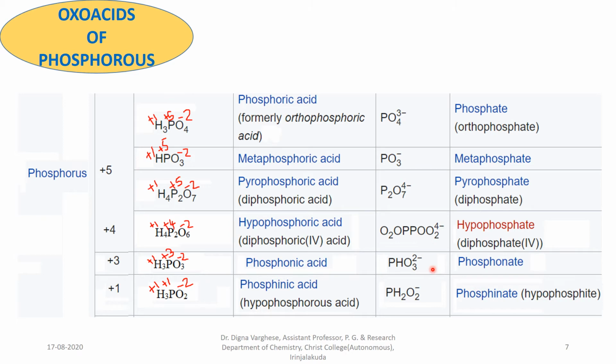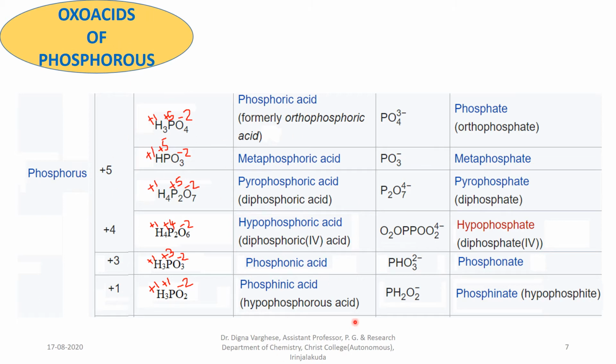Phosphonic acid, that is phosphorous acid, gives phosphonate, so it acts as a monobasic acid. Phosphinic acid, with phosphorus in the +1 oxidation state, gives the phosphinate anion. Its basicity is also 1, so it acts as a monobasic acid.